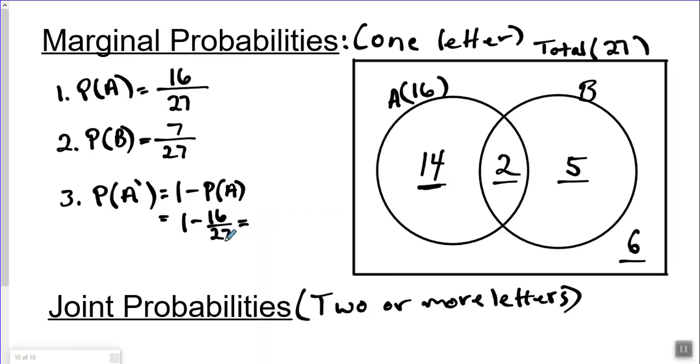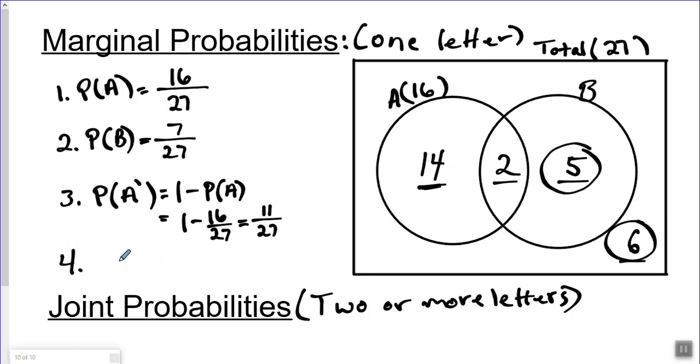Well, that'd be 11 out of 27. Now we can go back to our picture and count what is not in event A. Well, what's not in here? 5 and 6. So those two events are not in event A. That's why we're getting 11 out of 27.